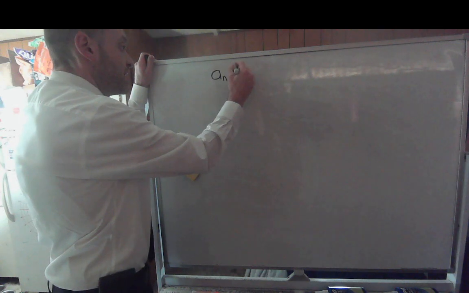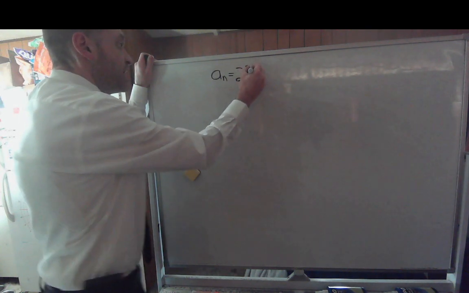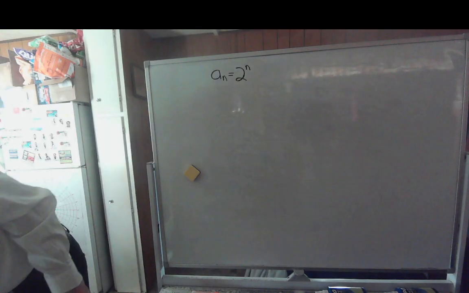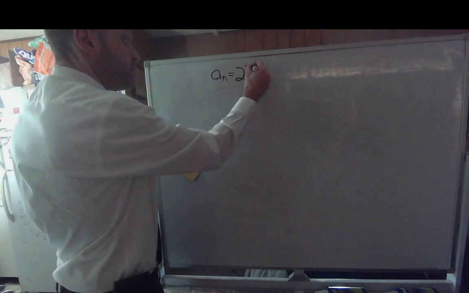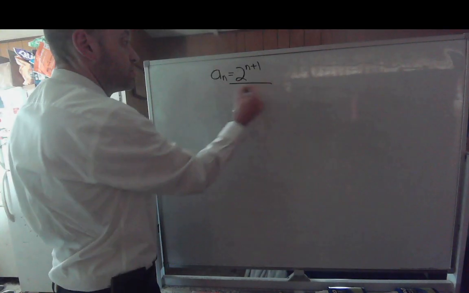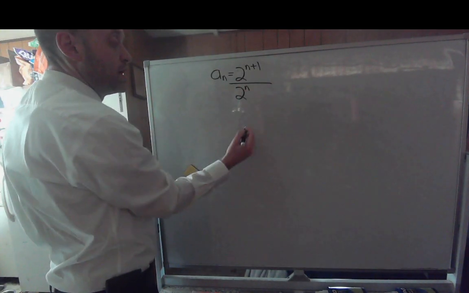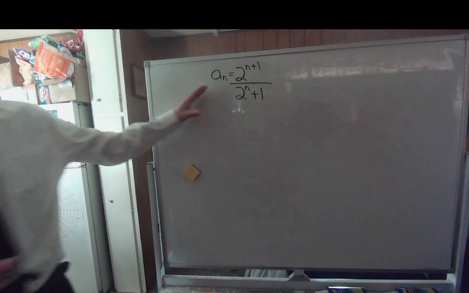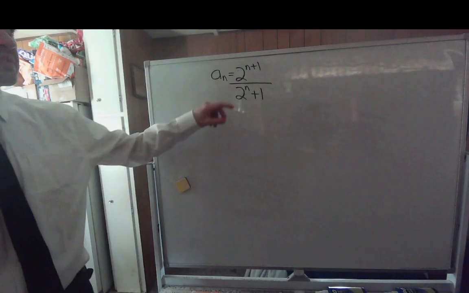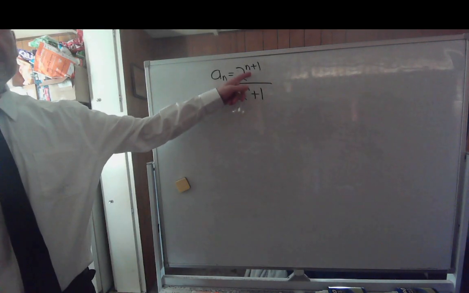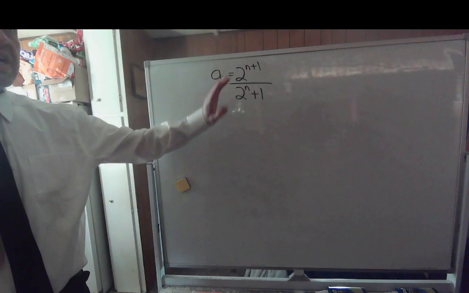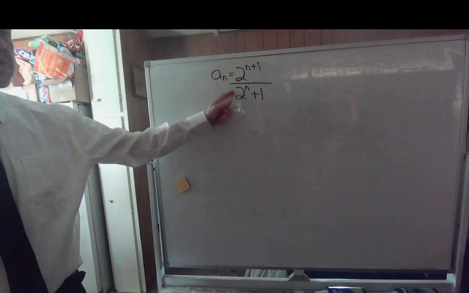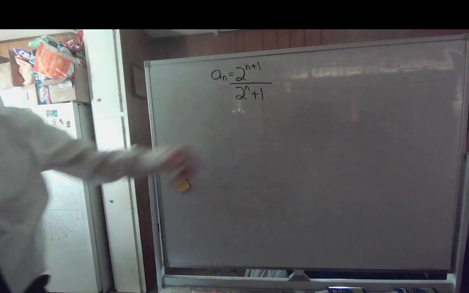Let's say I have 2 to the power of n plus 1 all over 2 to the n power, that quantity plus 1. So the formula for my sequence in this case is, in the numerator, 2 raised to the n plus 1 power divided by my denominator of 2 to the n power, that quantity plus 1.